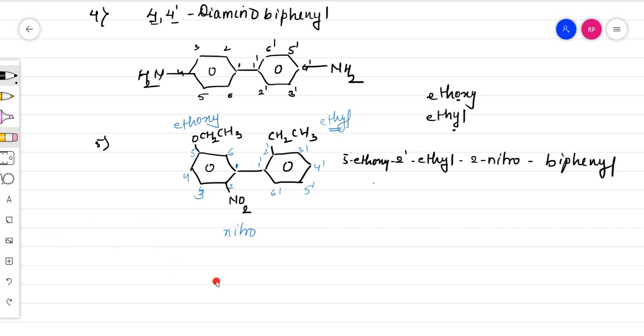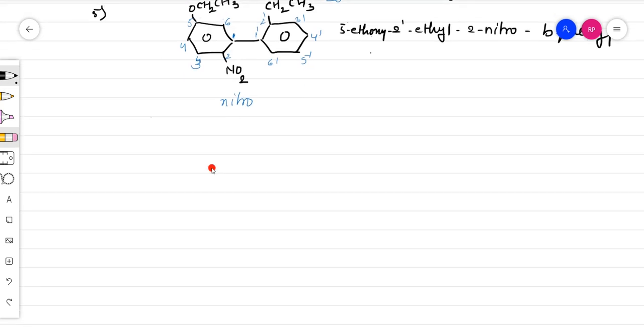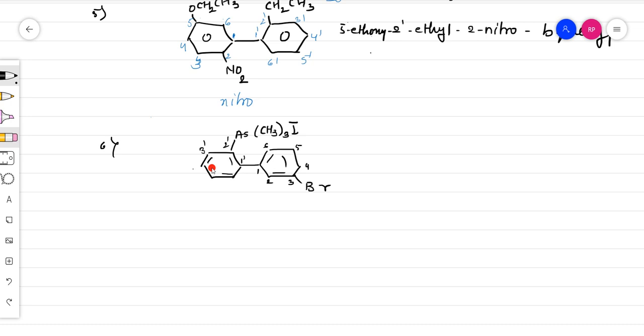Right, and there's one structure given in the textbook. I'll go for that as well. Okay, so number it: 1, 2, 3, 4, 5, 6, 1 dash, 2 dash, 3 dash, 4 dash, 5 dash, 6 dash.